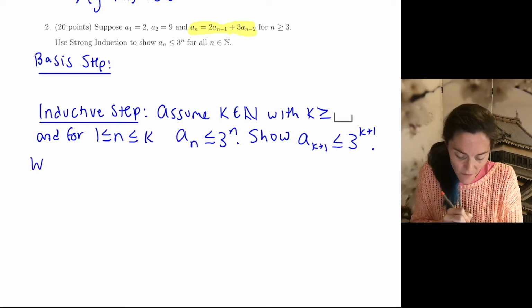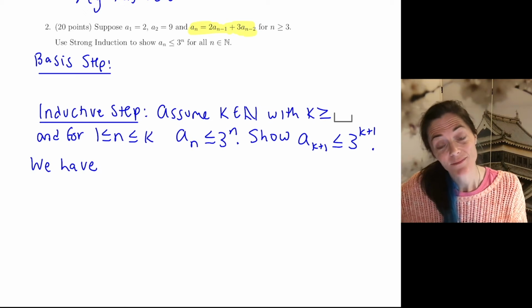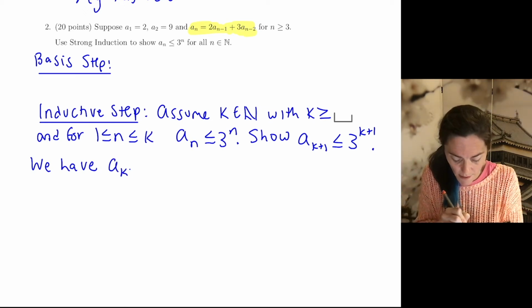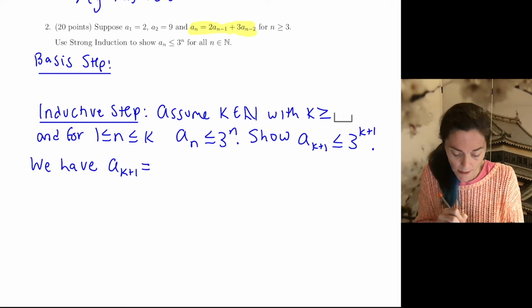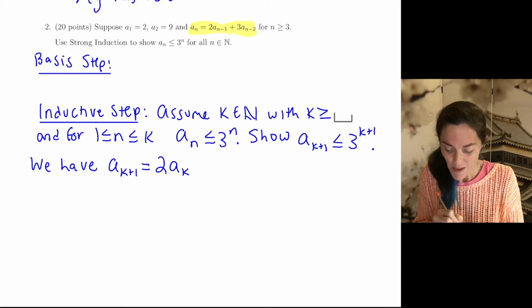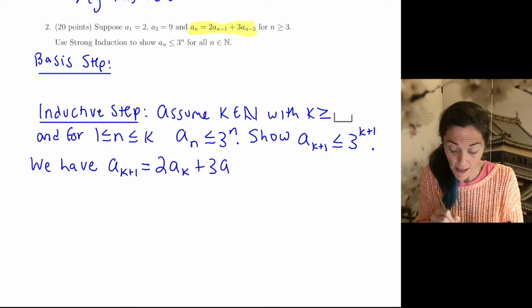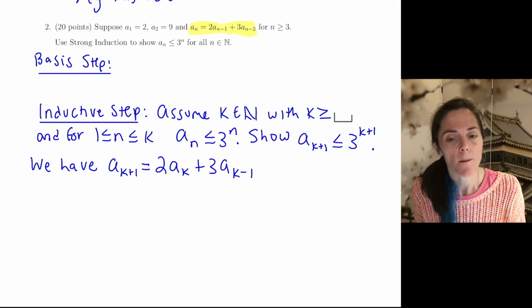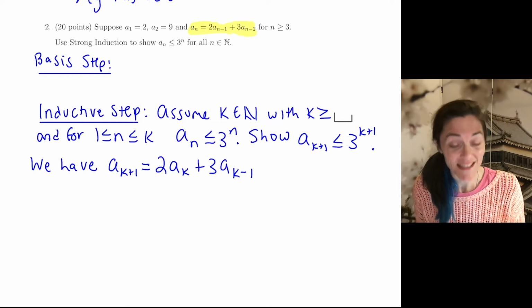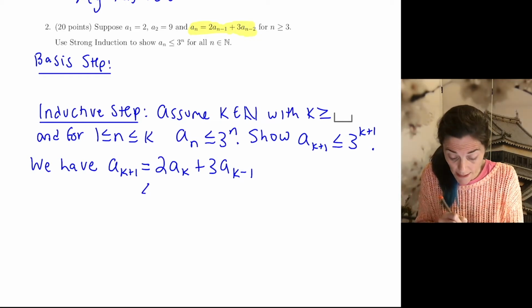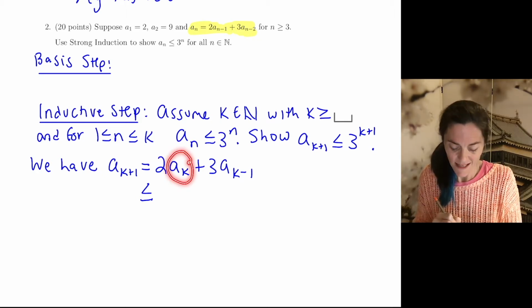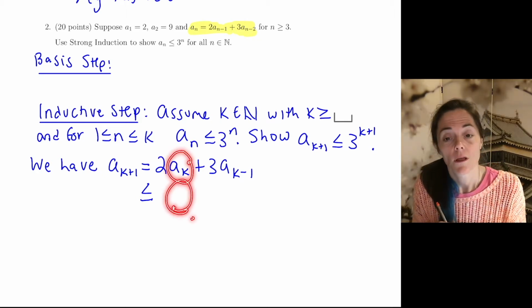Now we are going to need to use this highlighted recursive definition. So we have a k plus 1 equals 2ak plus 3ak minus 1. Okay, this is our recursive definition. Now, here's where I'm going to use the inductive hypothesis, and I'm going to use it twice. So this is less than or equal to, first of all, ak is less than or equal to 3 to the k.